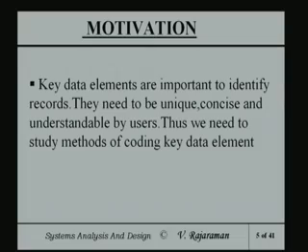So, you have to code them in such a way that they are unique, concise, understandable by users, and they should also have some error correction capability. In other words, if not correction, at least detection, you should be able to detect any error in a key data entered, in roll number particularly.